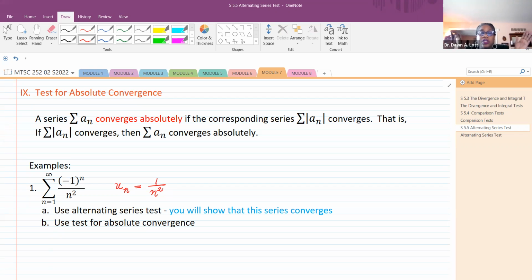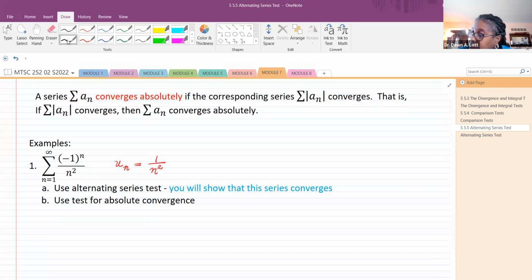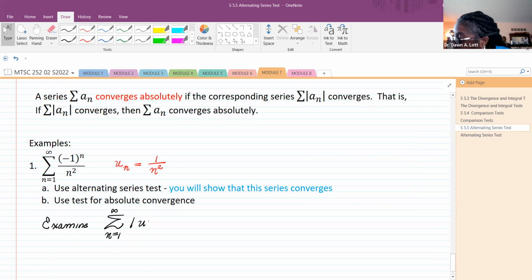All right, so the question is, does the series converge absolutely? Now we need to use the test for absolute convergence. We need to examine the summation from n equals 1 to infinity of the absolute value of the an terms.